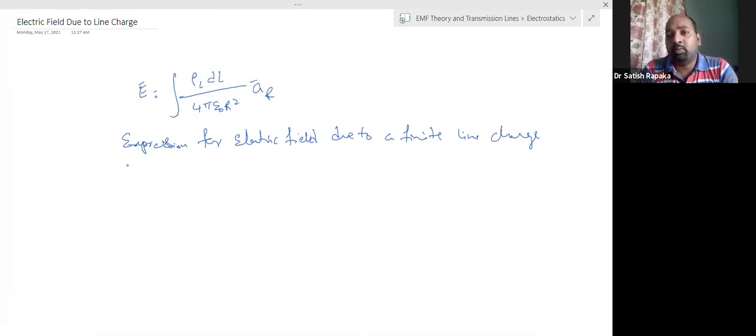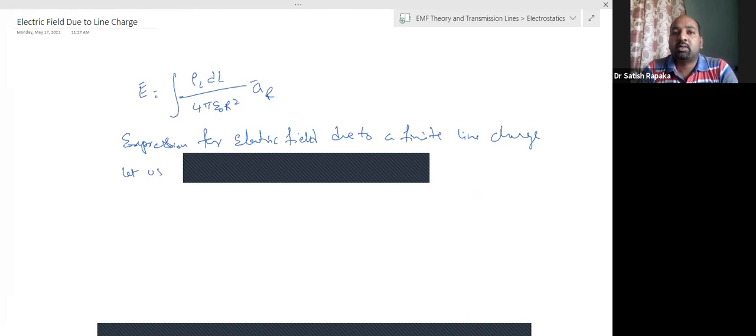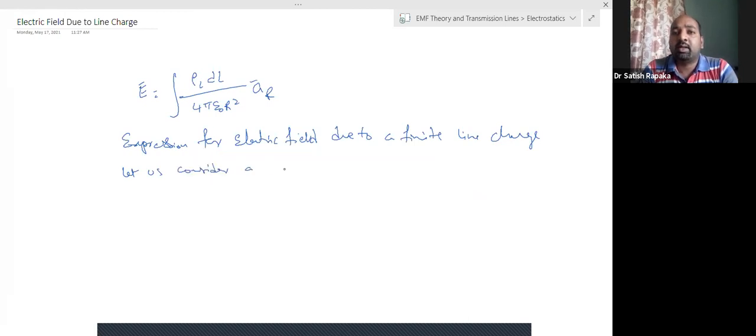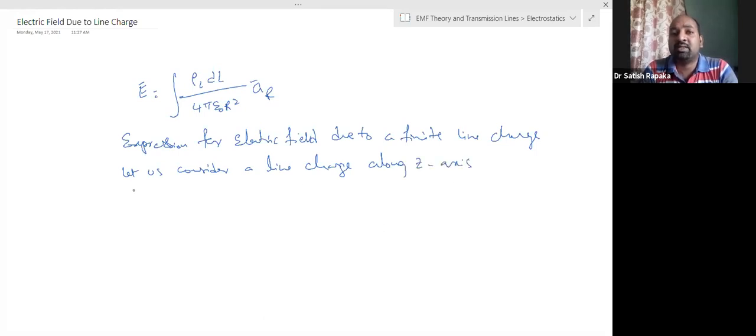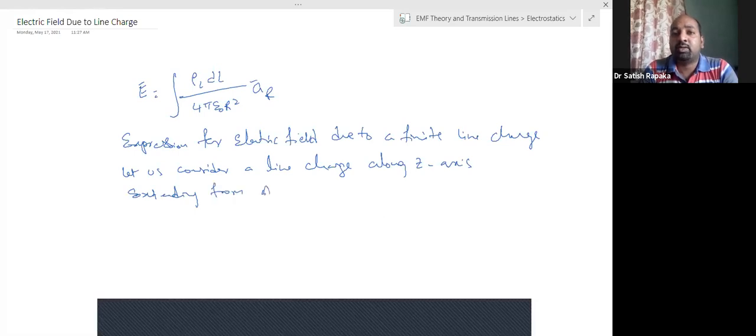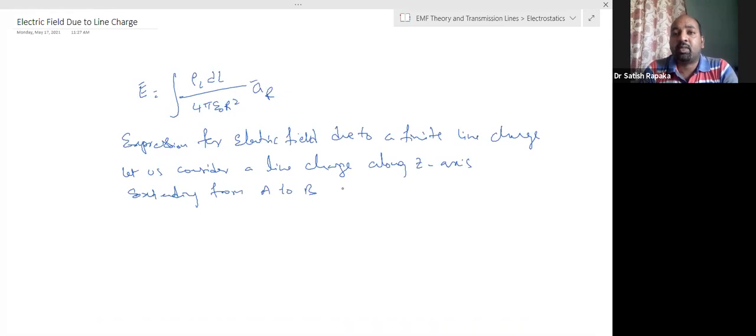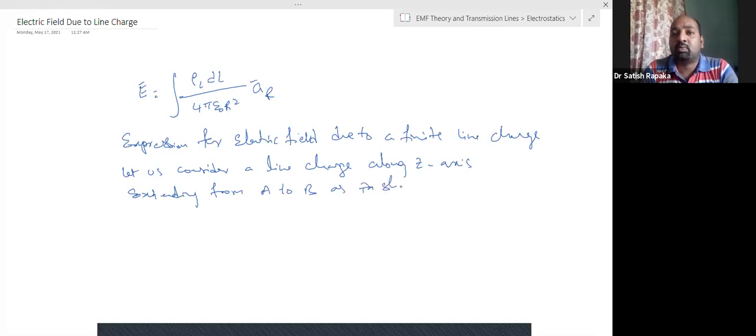Now let us consider a line charge along the z-axis, extending from A to B, as shown in the figure below.